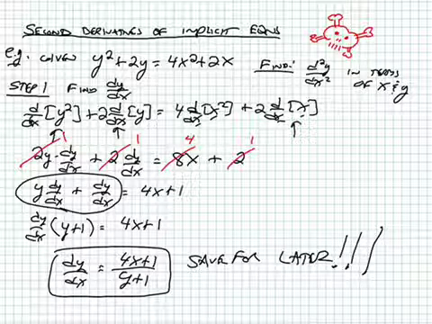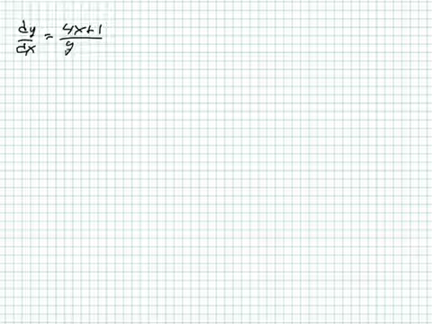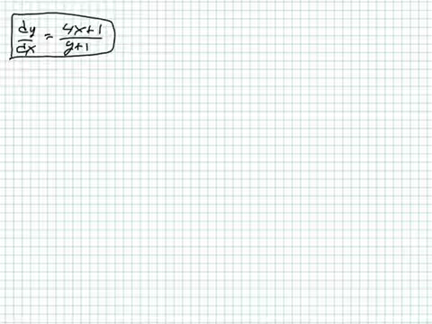So I'm going to start a new page, but I'm going to go ahead and write down what that derivative was. We just found the derivative of this equation, and the first derivative dy dx is 4x plus 1 all over y plus 1. Okay, step 2.